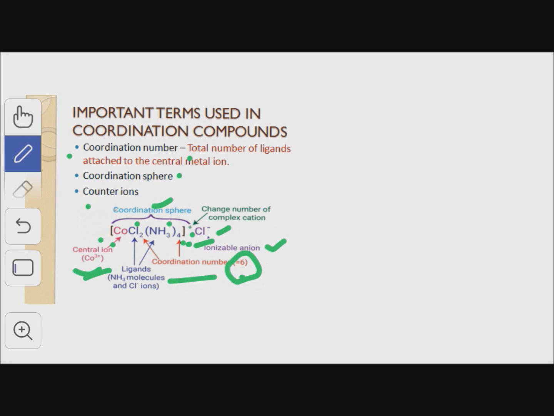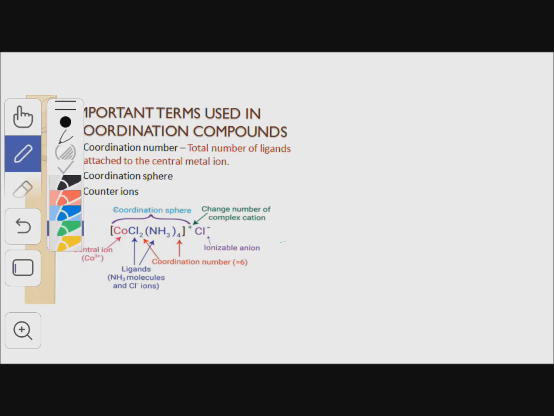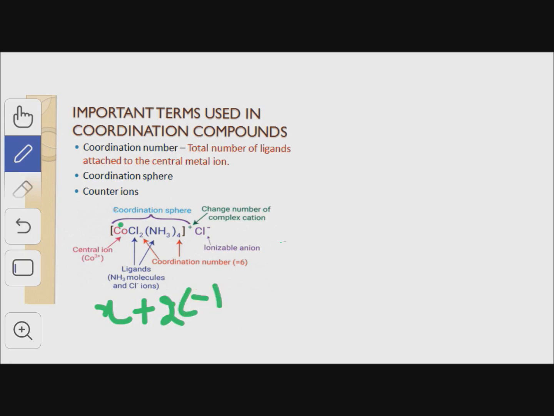Suppose in this example, let the oxidation number of Co be x, plus we have 2 Cl and each carries -1 charge, and 4 ammonia groups which carry no charge, and there is 1 chloride ion which is also -1.